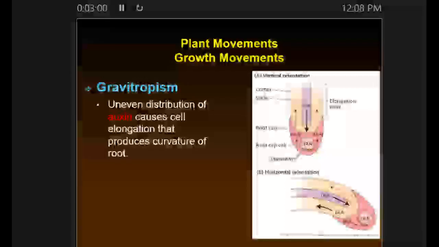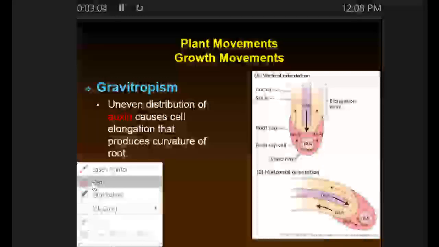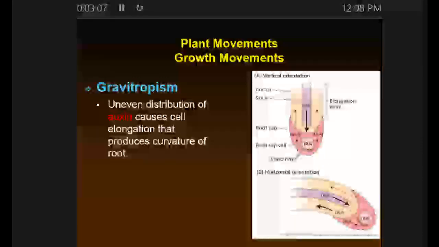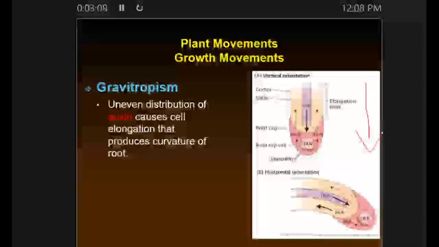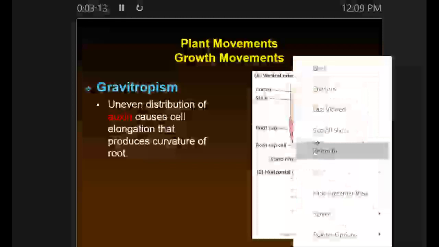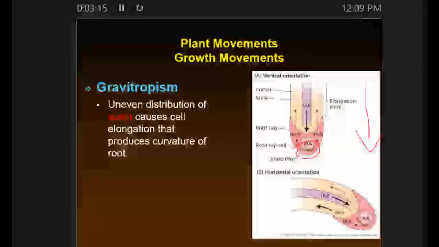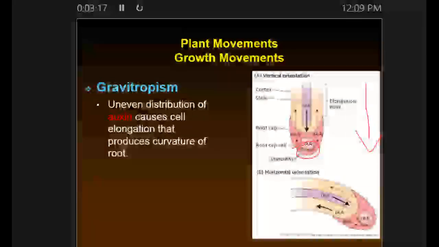If a root is growing straight down, which is the top root that you're looking at, they're trying to show those amyloplasts, or the statoliths, pressing on that part of the membrane. And then you see indoleacetic acid, or auxin, coming down the root tissue, and they call it the fountain effect.